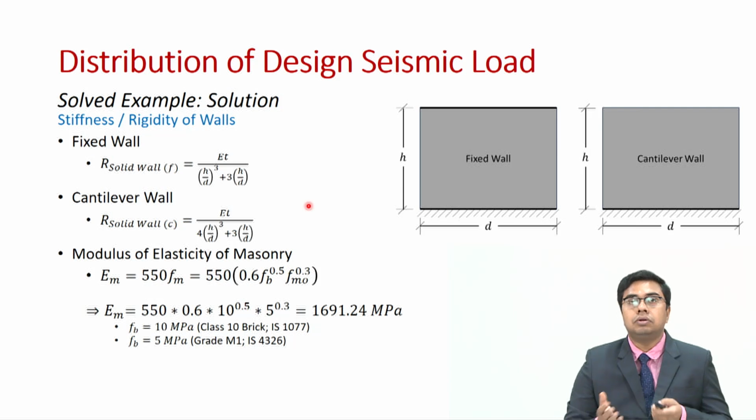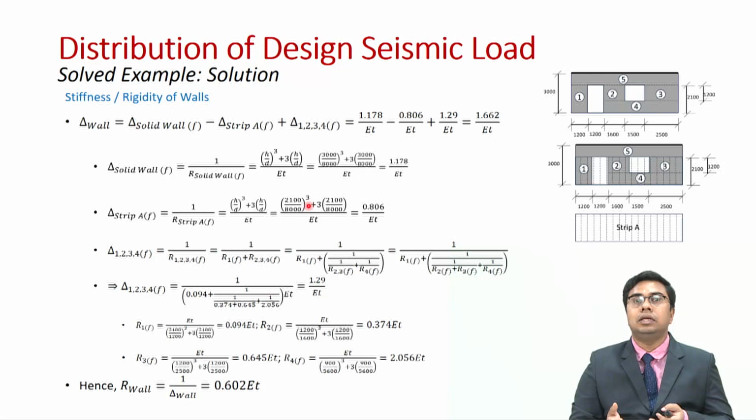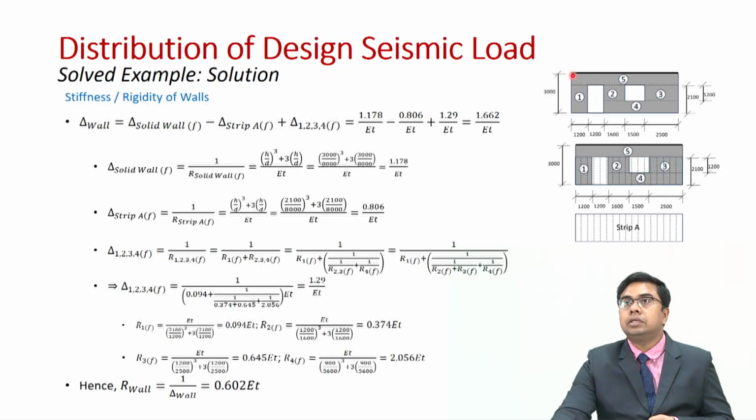Now let us get into the example illustrating how we obtain the stiffness or rigidity of our wall. This is the elevation detail of the wall which we want to find. This is the southern wall in the ground story.